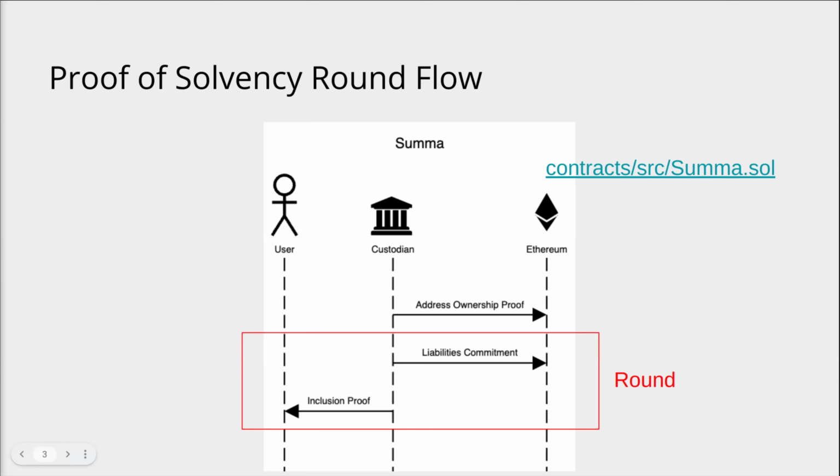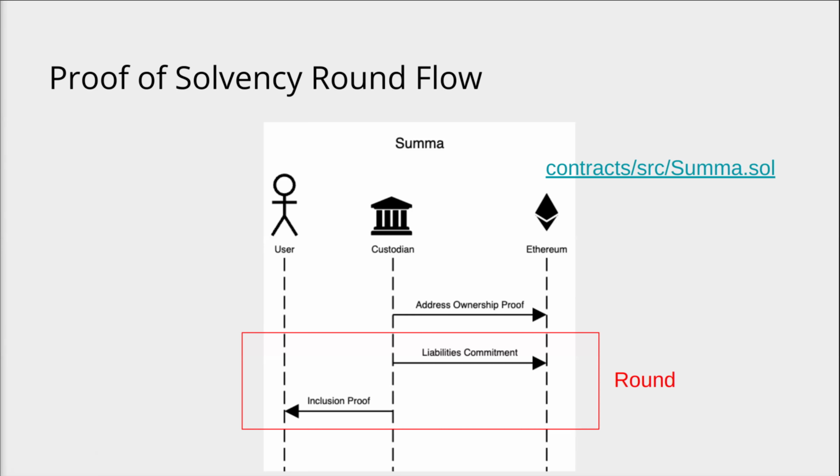I would like to add a little bit more about these three components. It's important to understand that the ownership proof operates independently from both the commitments and the inclusion proof.